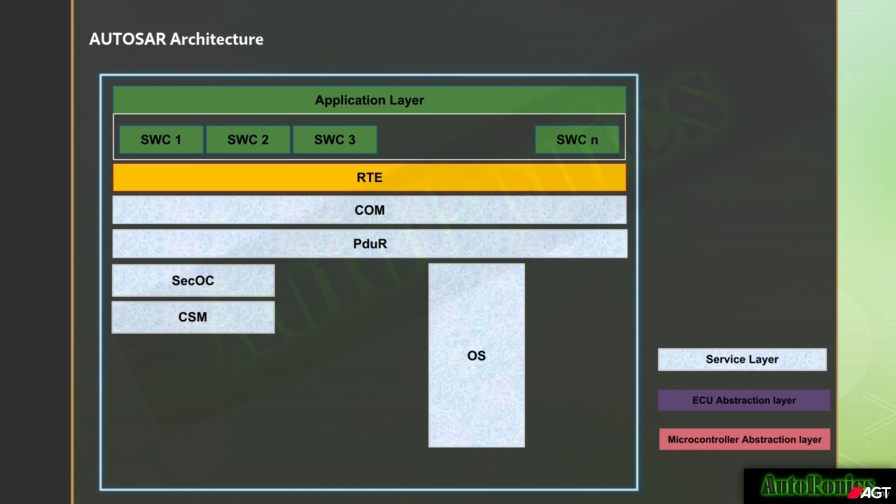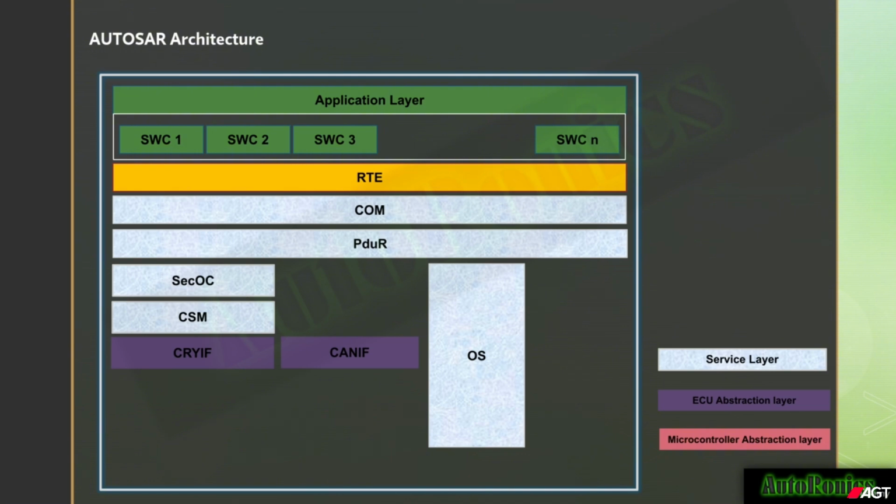Since we are focusing only on the AUTOSAR crypto stack and it needs the communication stack, we just mention in the slide only the COM, PDUR, SECOC and CSM, where SECOC and CSM are dedicated only to the AUTOSAR crypto stack. Let's see about the ECU abstraction layer. The ECU abstraction layer interfaces the drivers of the microcontroller abstraction layer.